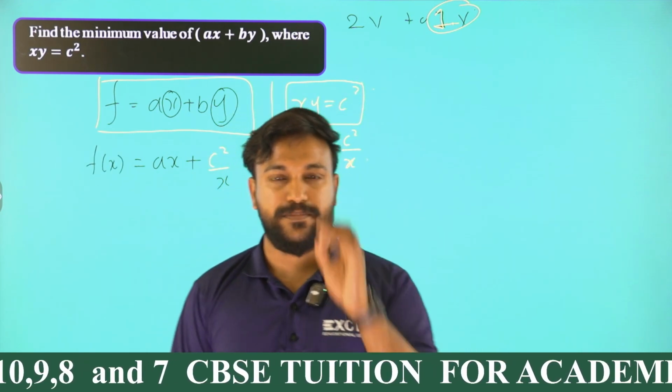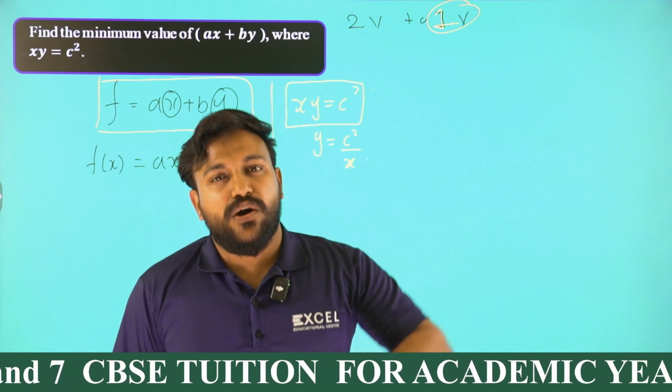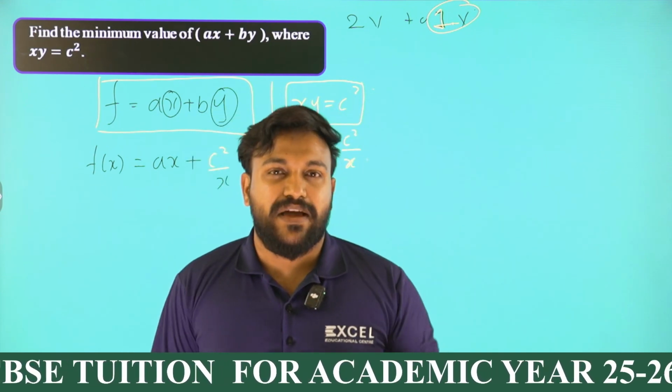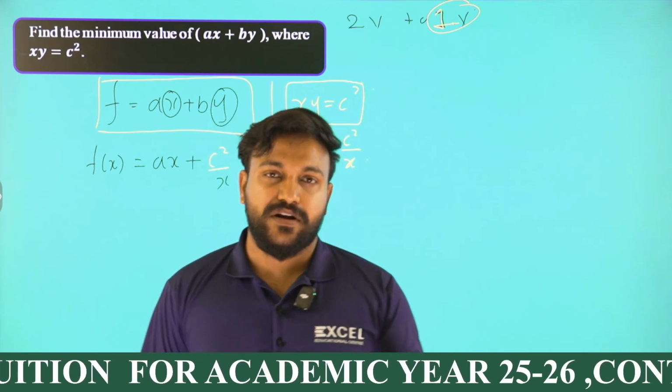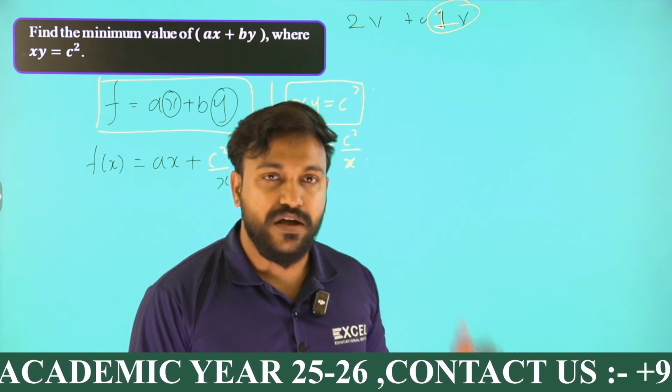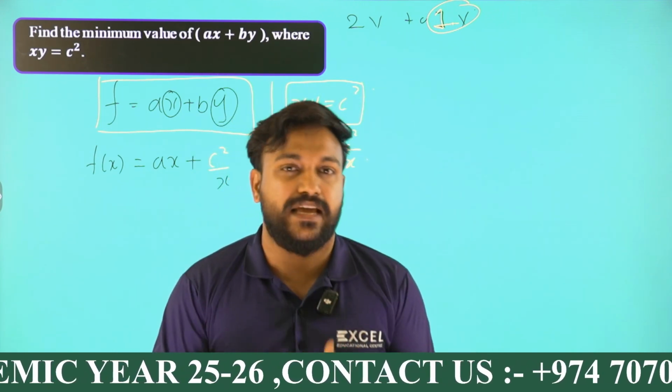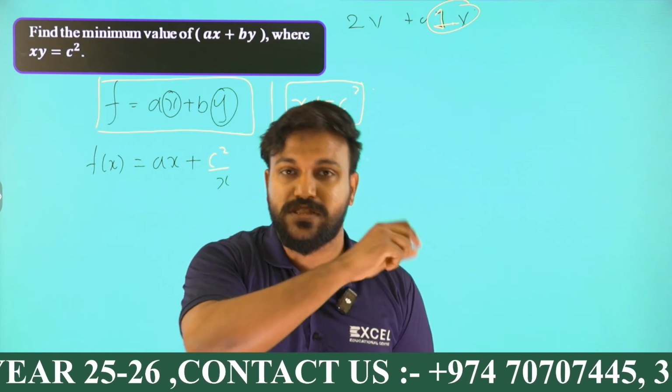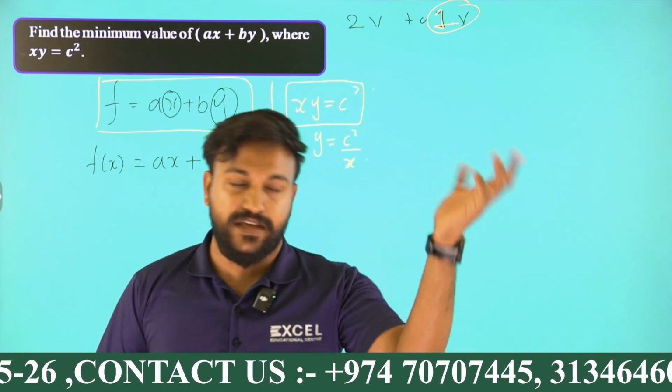That is the first step. If you're maximizing or minimizing, finding local maxima or local minima for any function, that function should be in a single variable. In all the upcoming questions, we are going to make the function a single-variable function with the hint that they have given in the question.